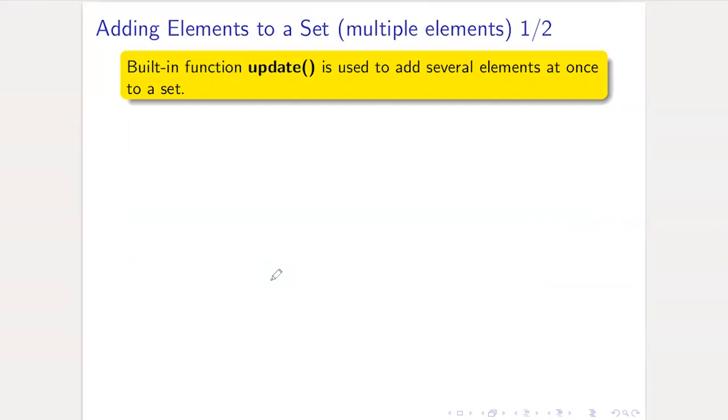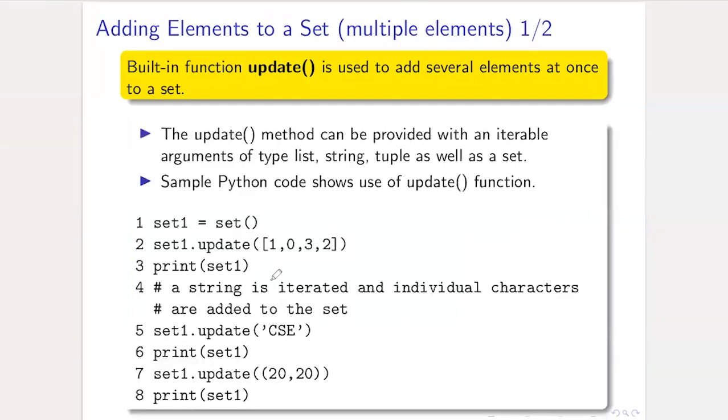The add method allows us to add 1 element at a time, but say we want to add multiple elements in one go, we can use the update method. In the update method, we have to provide an iterable, for example, a list. This is an iterable. So we can provide any other similar iterable which contains immutables as its elements.